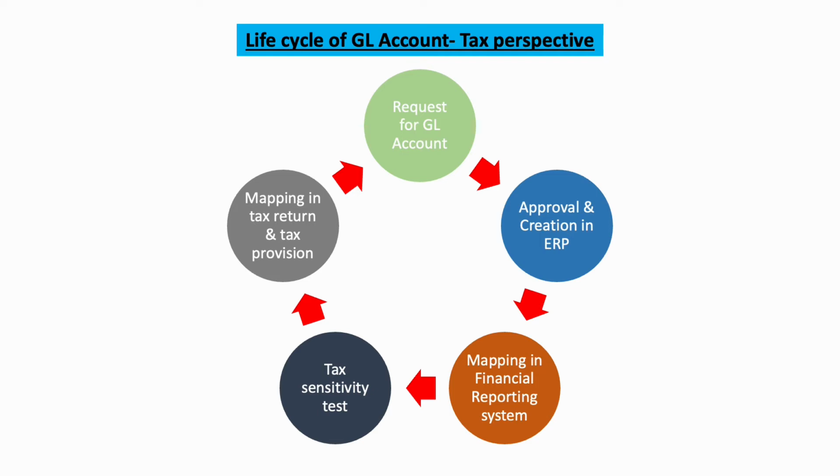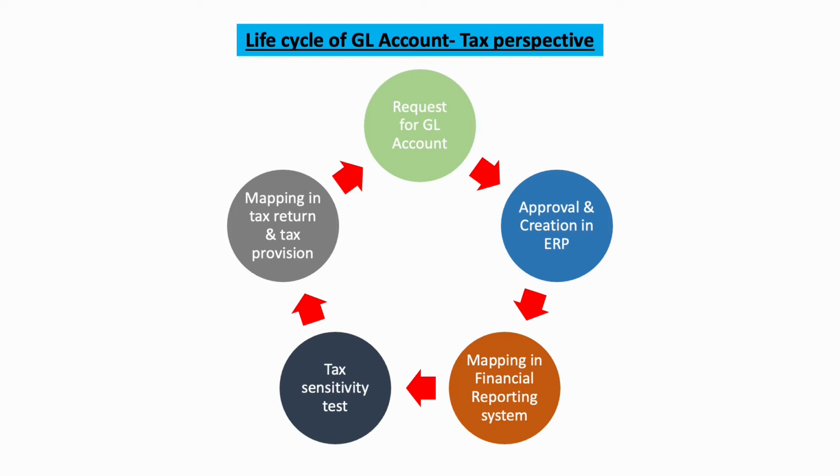And last but not least, the step from a tax perspective is mapping of that new GL account into your tax returns software and into your tax provision software or work papers, however you are doing your provision.